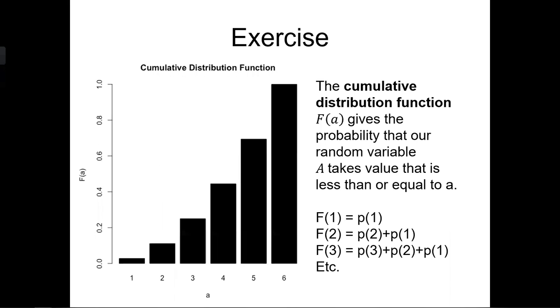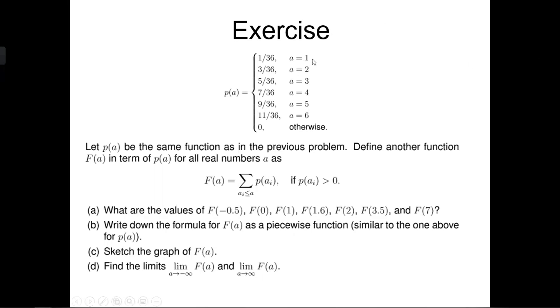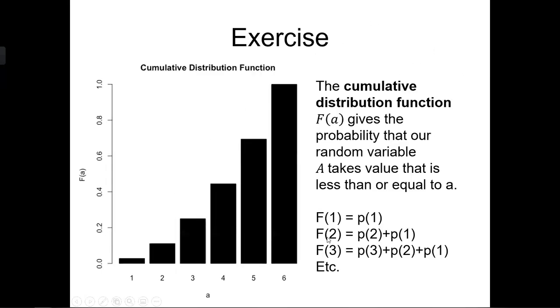So if we see F of 1, the CDF at 1 will be just P of 1 because we don't have anything to go off of from here, right? But if we look at the next one, F of 2, that will be probability of 2 plus probability of 1.